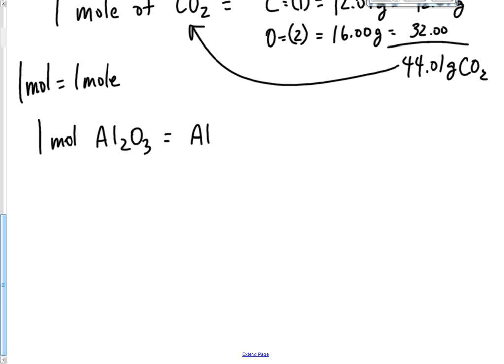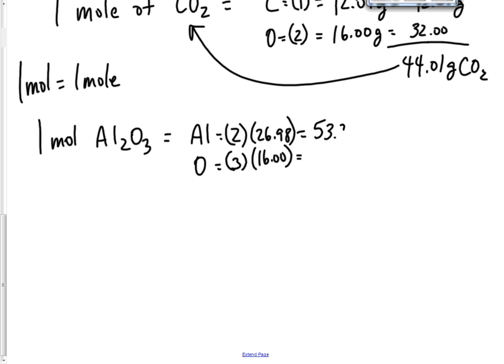Okay, so aluminum, we've got 2 of them, and each one is going to give us 26.98 grams. Okay, then we have oxygen, there's 3 of them, and each one is going to give us 16.00 grams. Okay, so when we multiply those, we have 53.96 and 48.00.